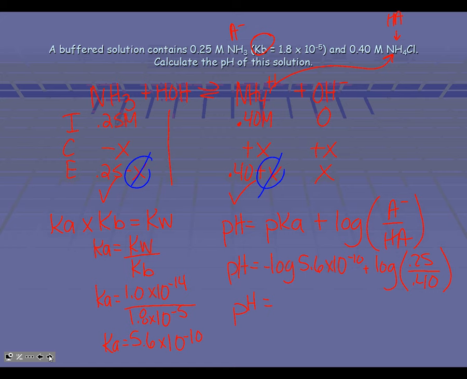The negative log of that is 9.25. Divide first and then take the log, plus negative 0.20. This buffer has a pH of 9.05.